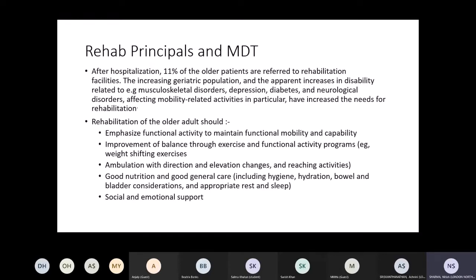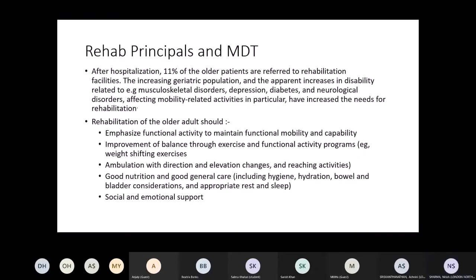So what's rehab and MDT? Basically, after hospitalization, 11% of the people are referred to rehabilitation facilities. These are the rehab centers, and this addresses the disability related to musculoskeletal disorders, depression, diabetes, and neurological conditions affecting mobility and activities in particular.